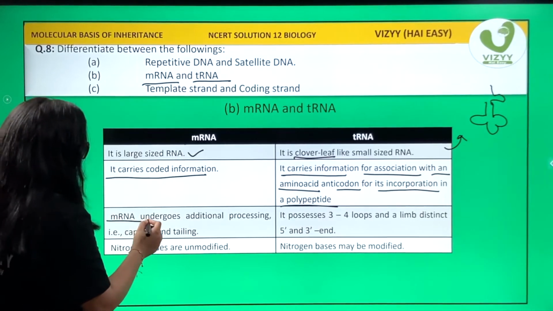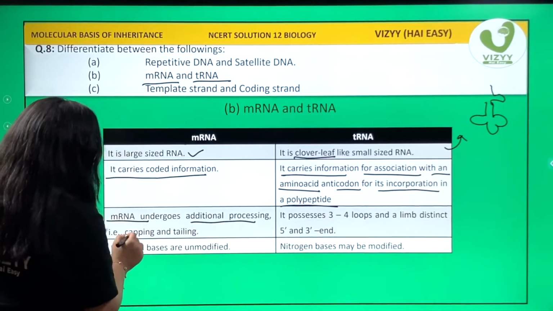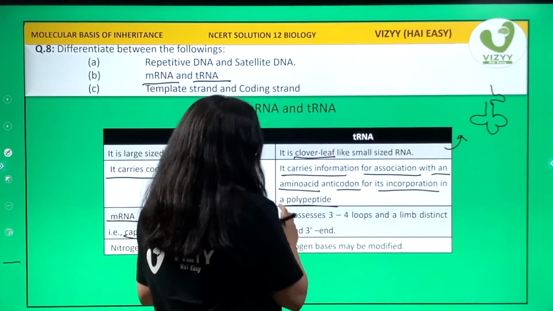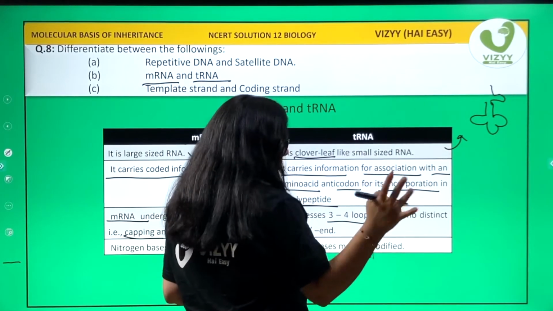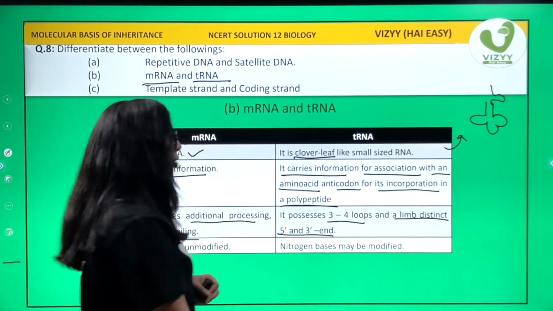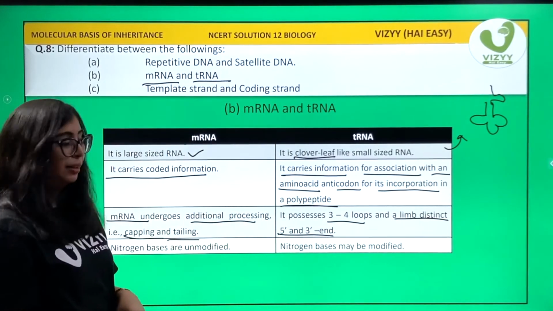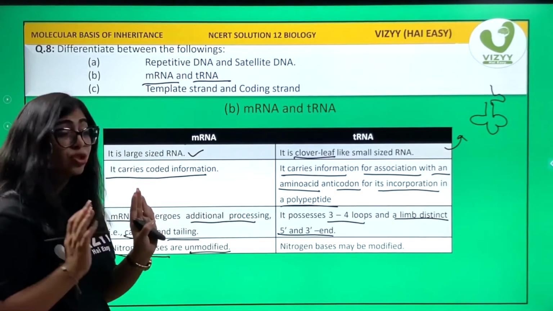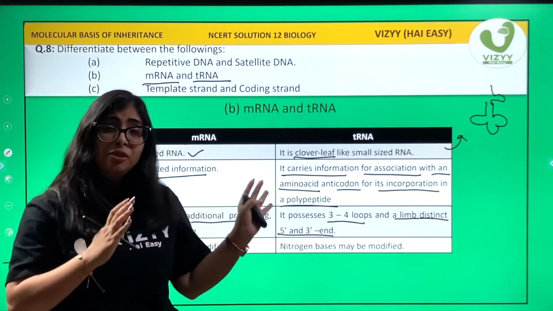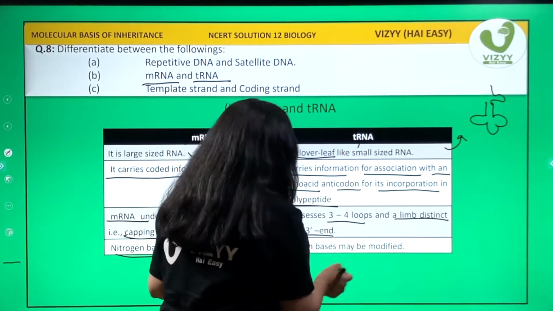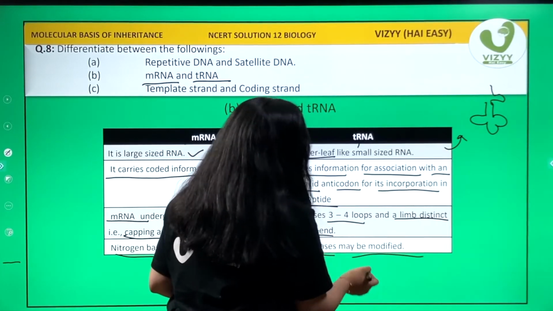Now mRNA undergoes additional processing like capping and tailing, whereas tRNA possesses 3 to 4 loops and a distinct 5' to 3' end. Nitrogen bases in mRNA are not modified, whereas in tRNA nitrogen bases are modified.